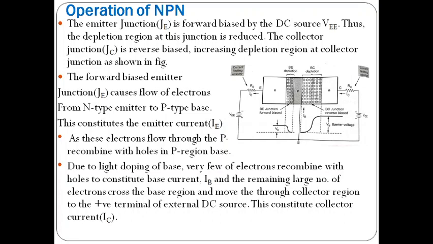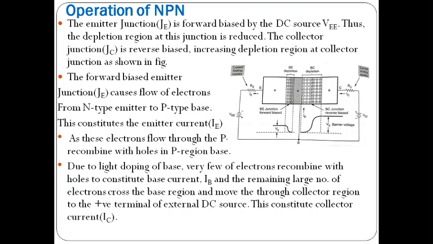As the electrons flow through the base region, they will recombine with the holes in the p-type base region. Due to the light doping and narrow width of the base region, only a few electrons will recombine with the holes. The remaining electrons will cross the collector junction because the collector is connected to the positive bias.